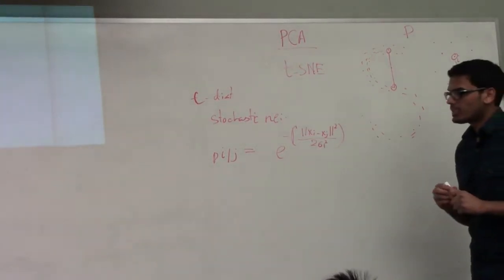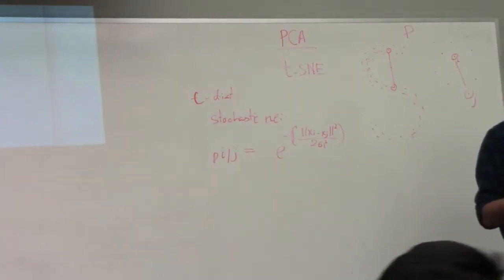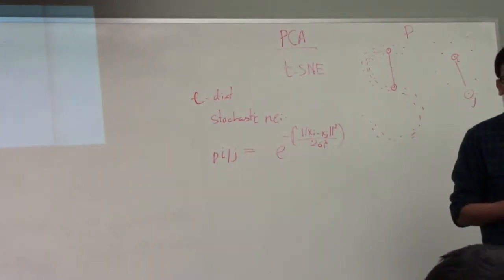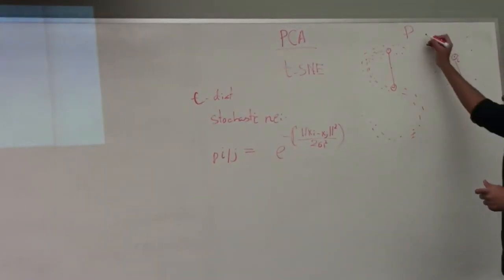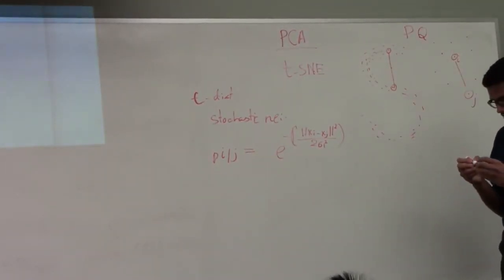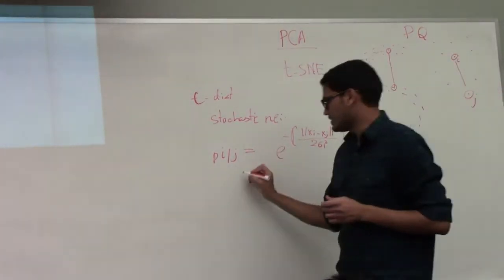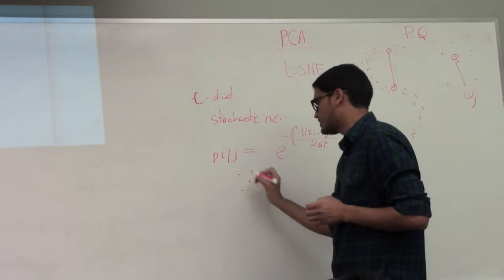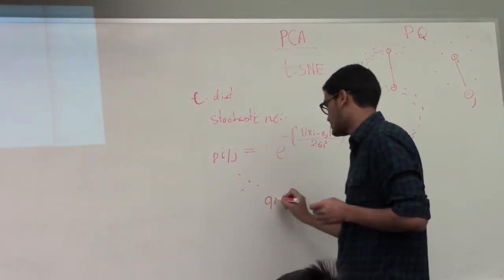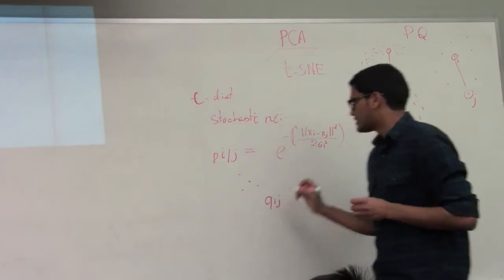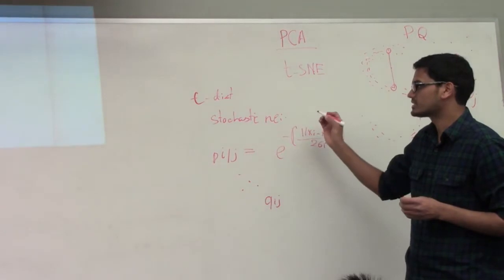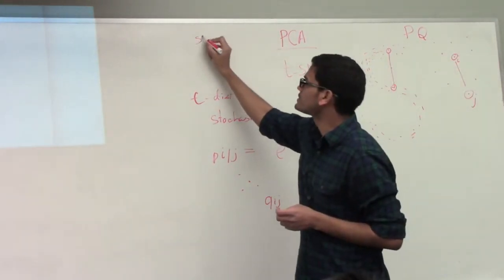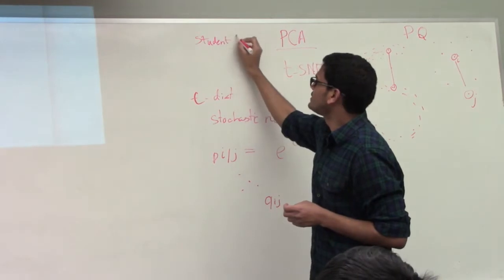Okay, so let's assume that we have embedded all the points in a low-dimensional space, and again we build the probability distribution in the low-dimensional space. Let's denote that by Q. Basically, in the low-dimensional space we have similarity between two points I and J as Q I J. But this similarity is not given by a Gaussian, but rather by another probability distribution called Student's T distribution.